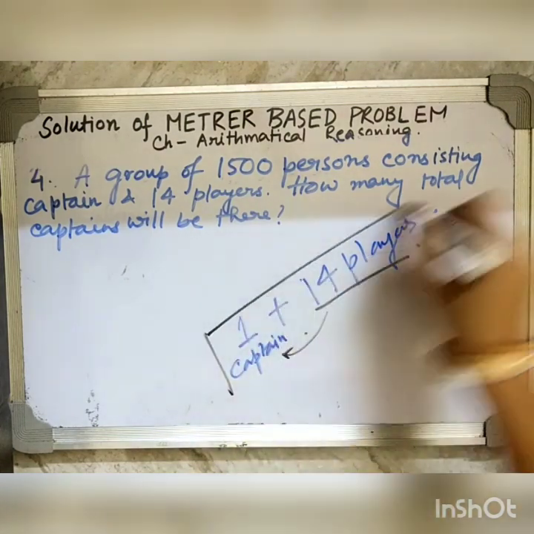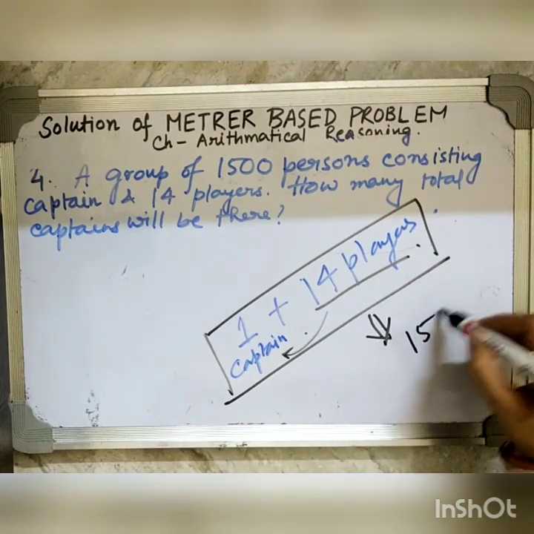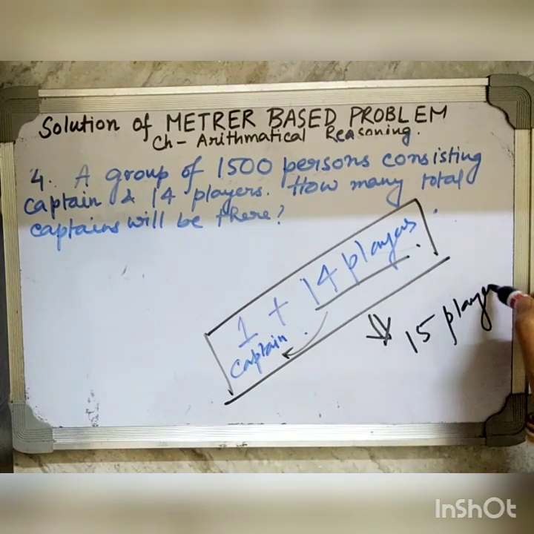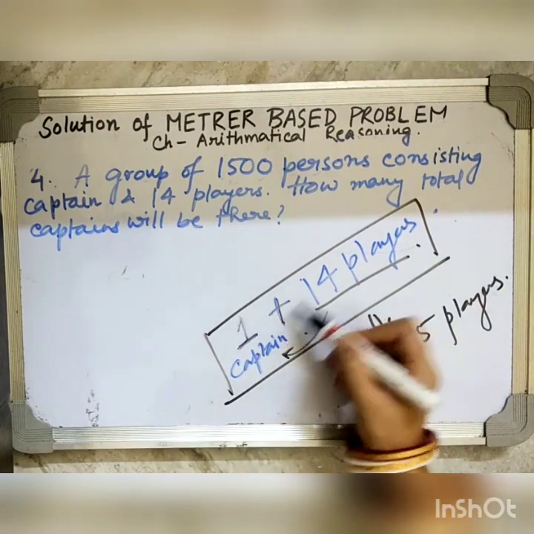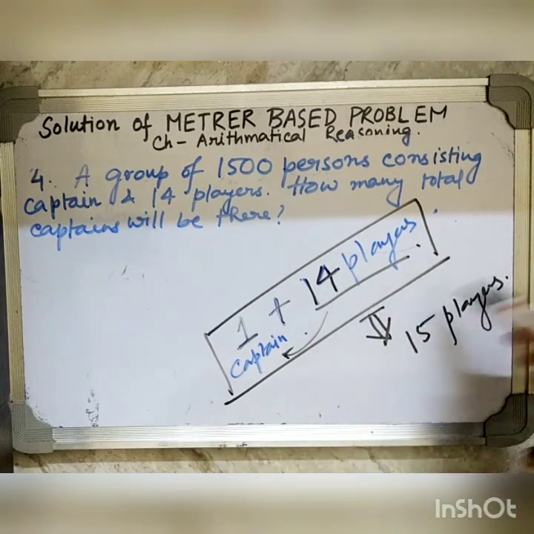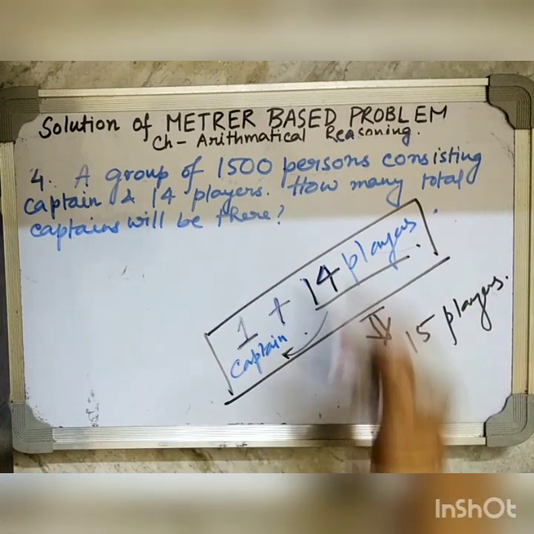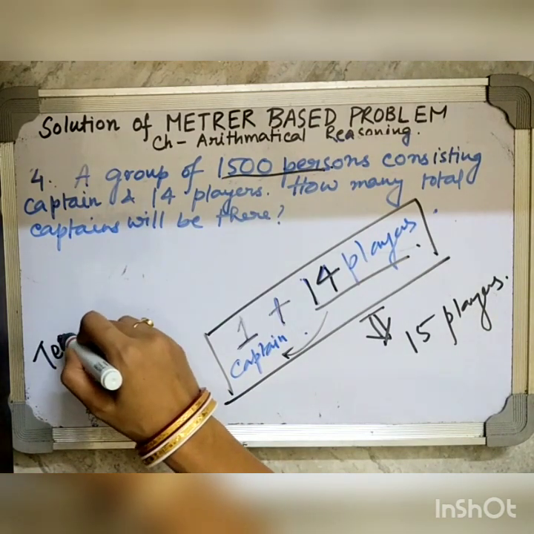So how many players will be there in a team? In a team we are getting 15 players. Okay. Along with the captain, 14 more players are there. Okay. So in a team, 15 players are there. Total number of players 1500. So how many teams will be formed?